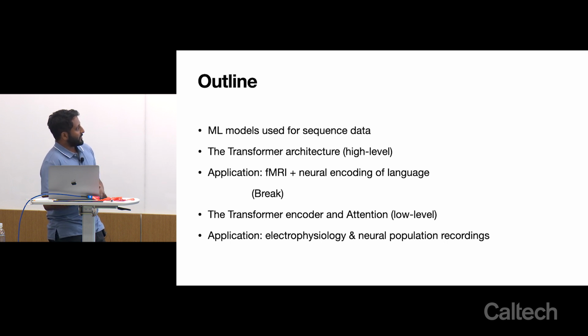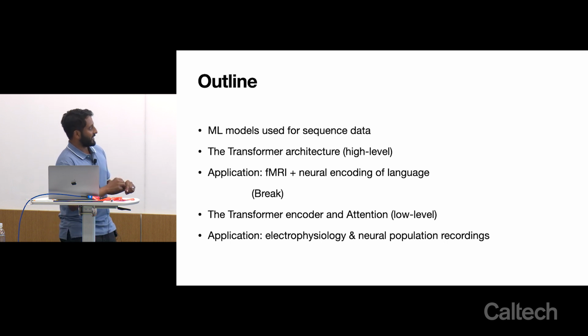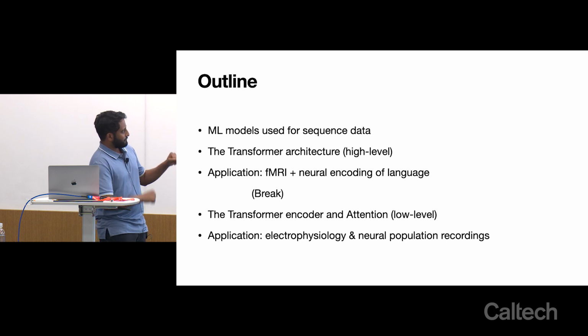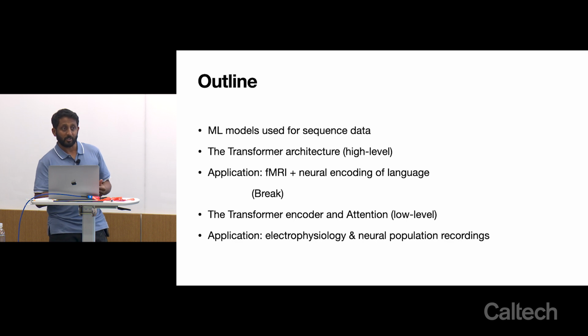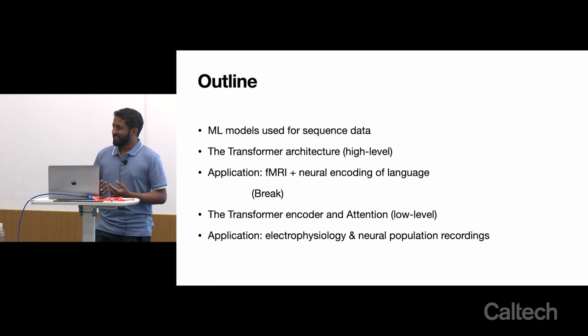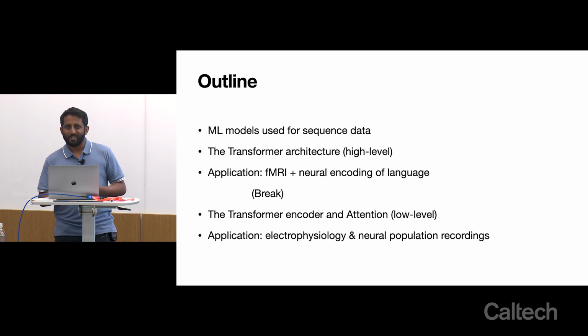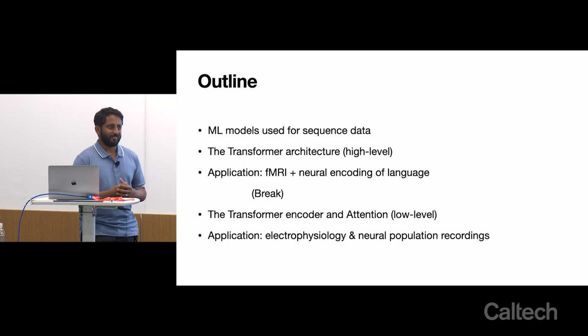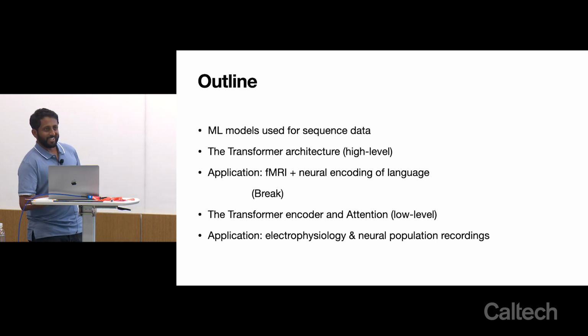Then we'll take a very brief break. We'll go through the specific part of the transformer called the transformer encoder. Then we'll dive into the notebook, and the goal today is that everybody should be able to code up a very basic instantiation of the transformer encoder. So hopefully it'll be fun.